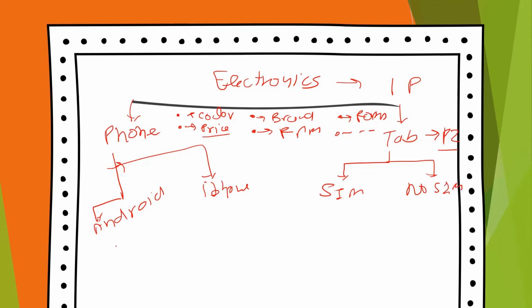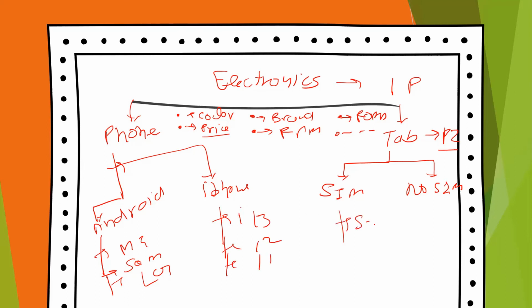In Android, after this layer, you can directly add your products, like maybe MI, Samsung, and LG, whatever. Here you can directly add iPhone 13, 12, 11, whatever. And here you can directly add your products again, like Samsung, iPhone, same here as well.